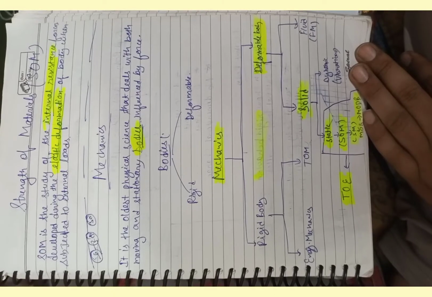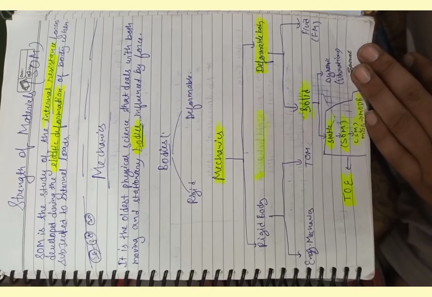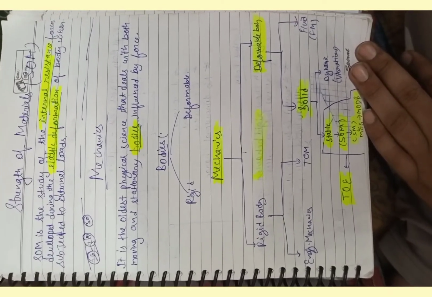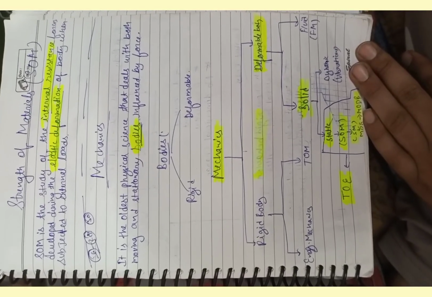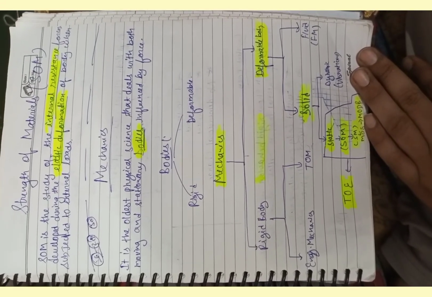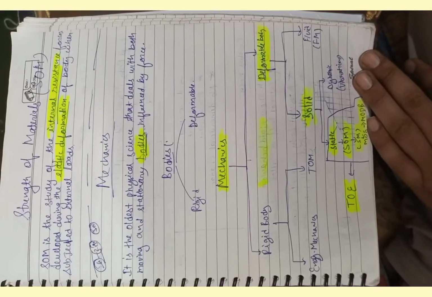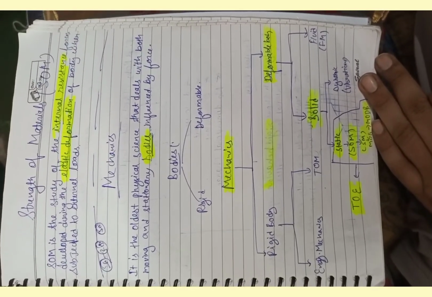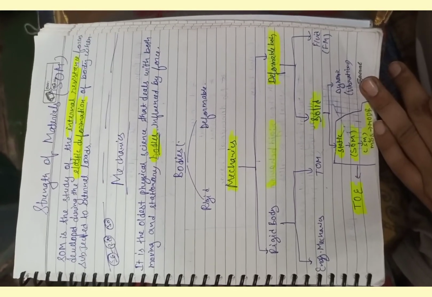So there are two types of deformation. First one is elastic deformation, and second one is plastic deformation. What is elastic deformation? We can take the example of rubber. Rubber is an elastic material: you can stretch the rubber and it can regain its shape and size again.